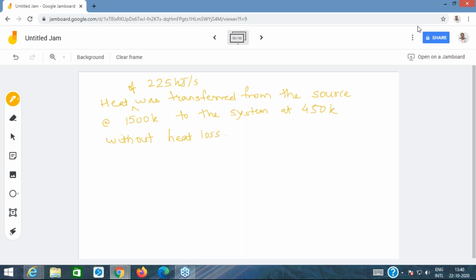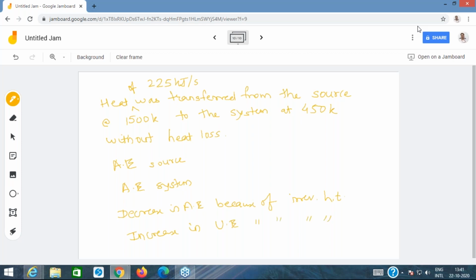So you need to calculate the available energy of the source, the available energy of the system, what is the decrease in available energy because of irreversible heat transfer, and what is the increase in unavailable energy because of irreversible heat transfer.